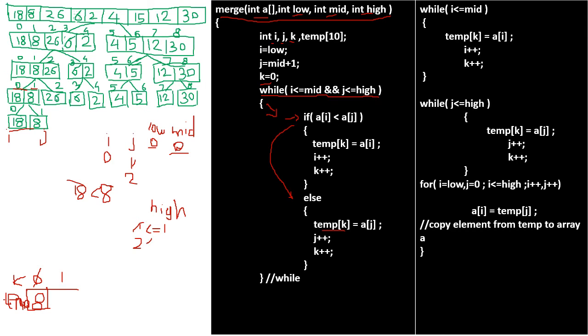Is 2 less than or equal to 1? No, 2 is not less than or equal to 1. That's why this while loop will terminate. And control goes to the next while loop. Why? Because this 18 is not yet stored in our temporary array.